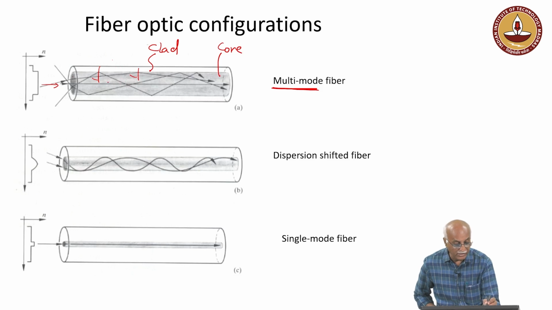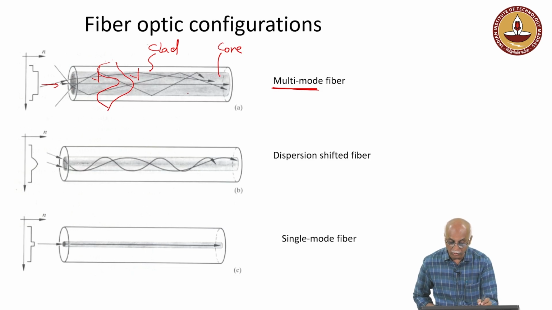So in terms of intensity, let us say the first order mode may have maximum intensity coupled with it almost in the center, while the second order mode may have a slightly different intensity distribution in this optical fiber. So different modes have different intensity distributions in terms of electromagnetic intensity.